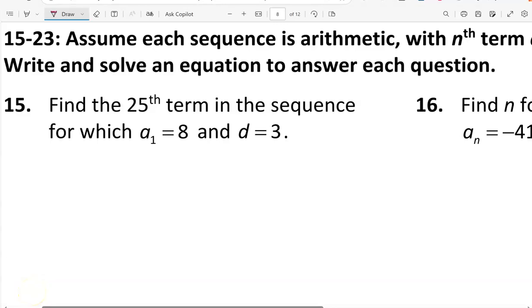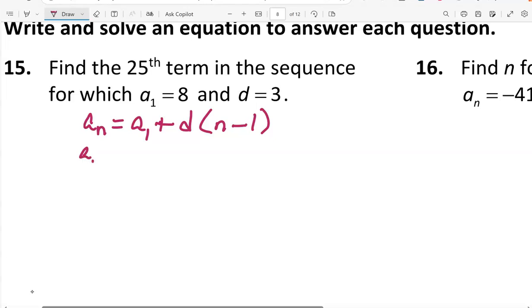In 15 through 23, we are assuming that each sequence is arithmetic with an nth term a sub n and a common difference d. So in 15, we're asked to find the 25th term in the sequence, and we're given the first term and the common difference. Our formula here is a sub n, the nth term, is equal to the first term plus the common difference times n minus 1.